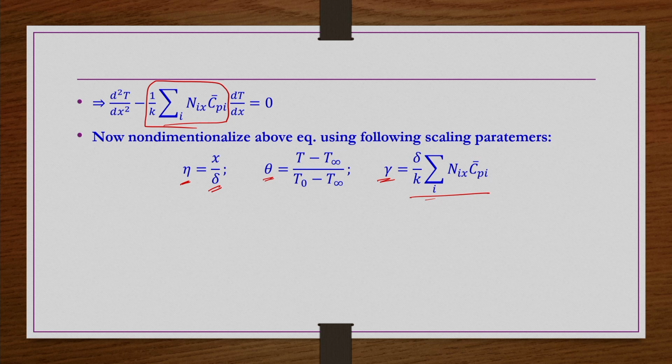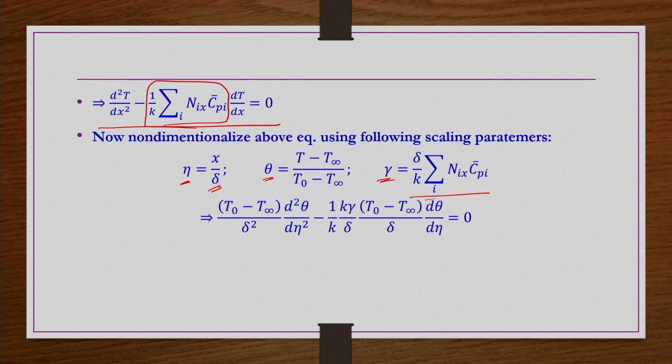Now, when you use these expressions to convert this equation in terms of the non-dimensionalized variables, for the first term you get (T0 − T∞) d²θ, and in the denominator dx² becomes δ² dη².